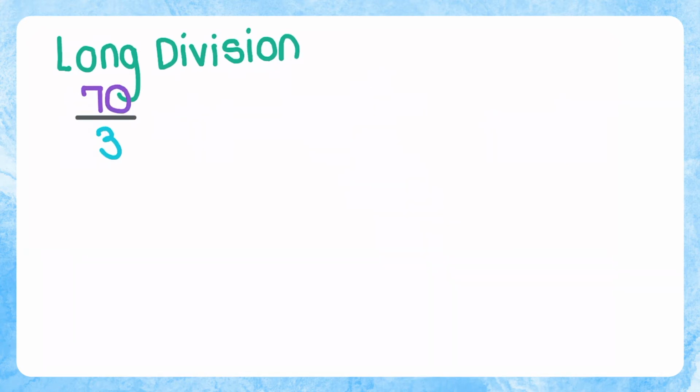So what if I had 70 over 3? My dividend is 70 and my divisor is 3. Again, I think 3 times what is pretty close to 7, and I realize it's 2.